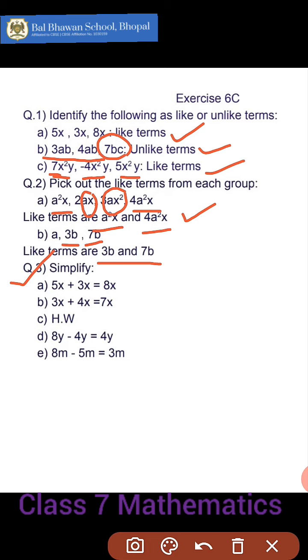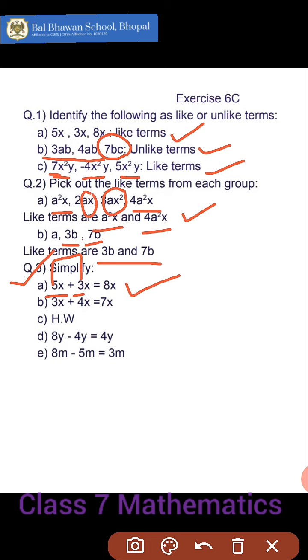So in the first question you have 5x plus 3x. So what we do is we add the coefficient part of both the terms. As we can see, both of them are like, so we can directly add both the coefficients of the terms, that is 5 and 3. When you add 5 plus 3 you get 8 and the variable part comes as it is.